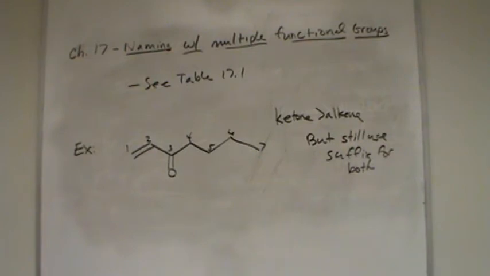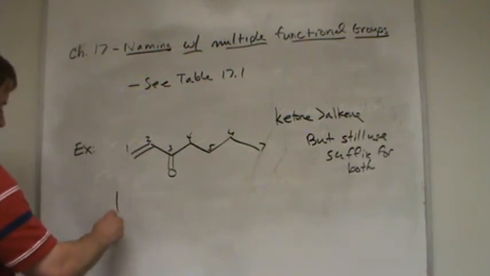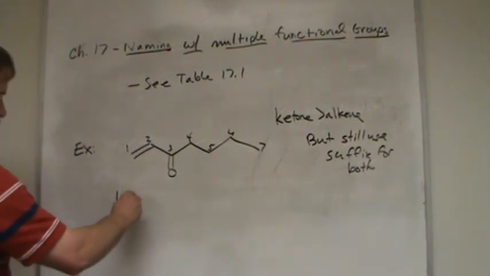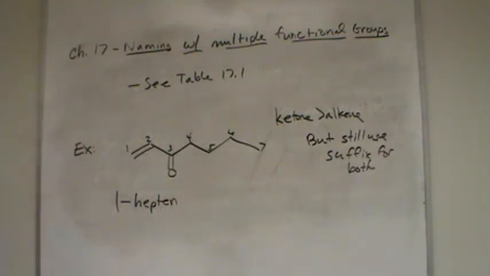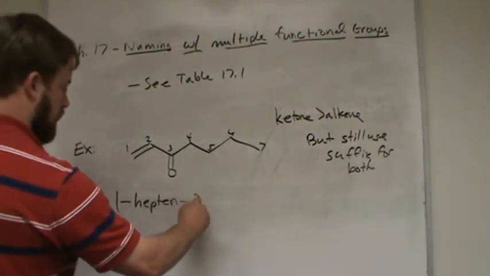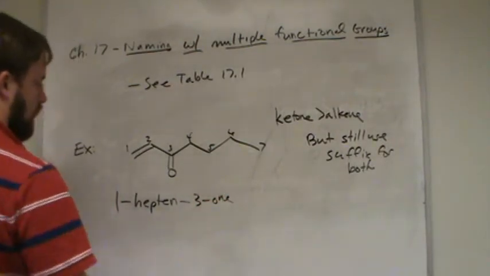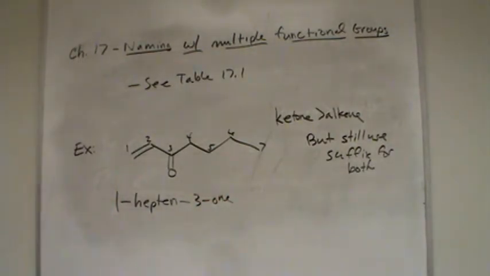What position does our alkene start at? It's at 1, right? So we have to indicate that. So 1-heptene, and we're going to drop the E because "one" is going to be next, another vowel. 1-hepten-3-one.